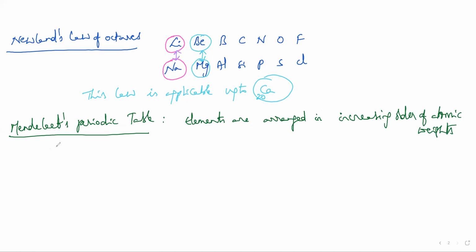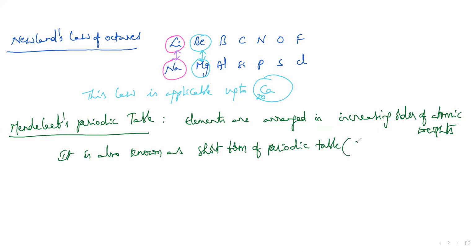Then Mendeleev's periodic table is also known as the short form of periodic table. Okay, next.